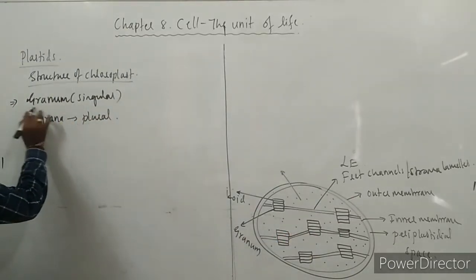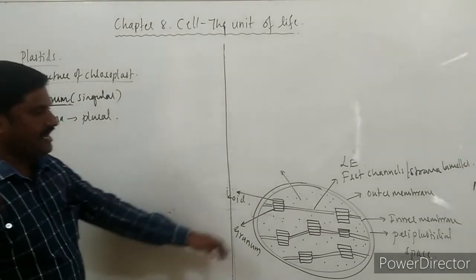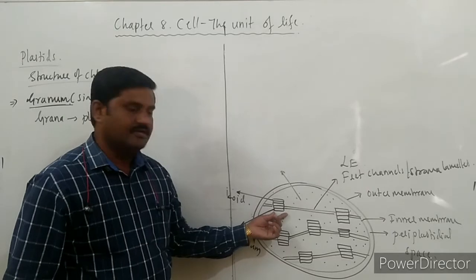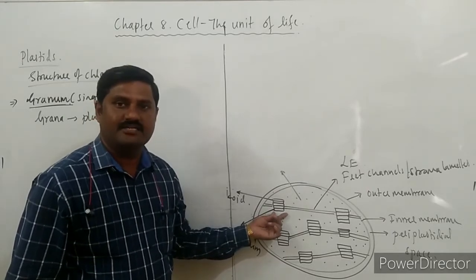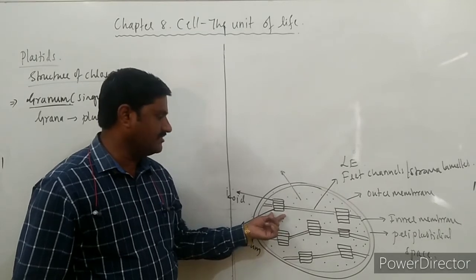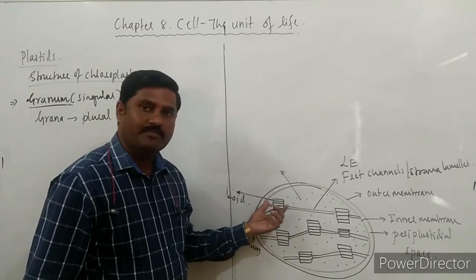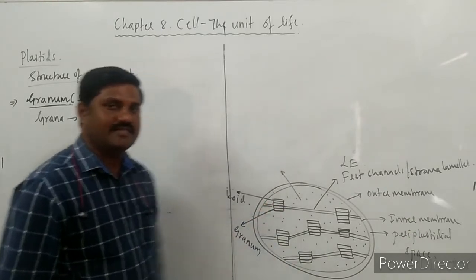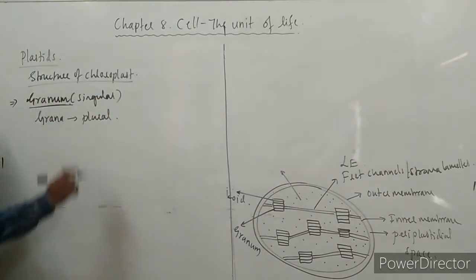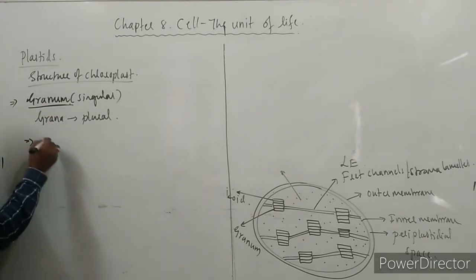So what are these granum or grana? Let us see here. In the diagram we are observing some flattened sac-like structures that are arranged one above the other, forming elongated piles of coin-like structures, and such structures are called granum.